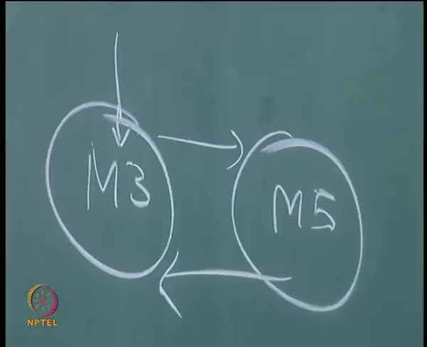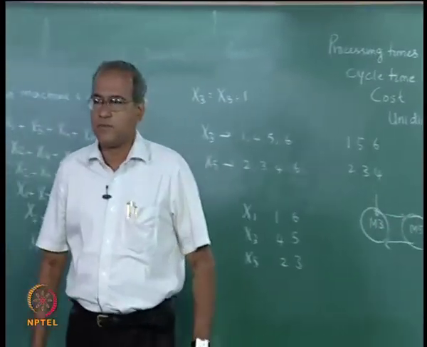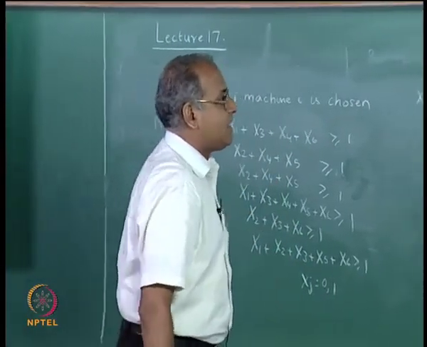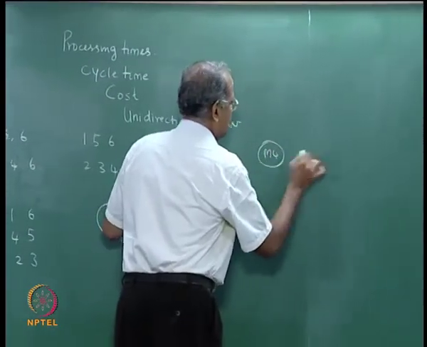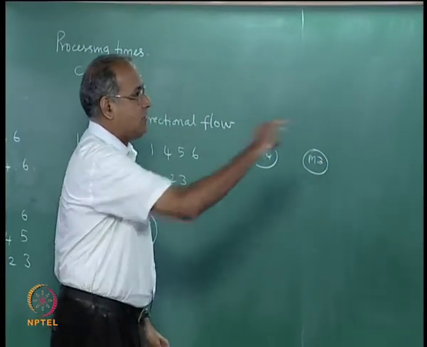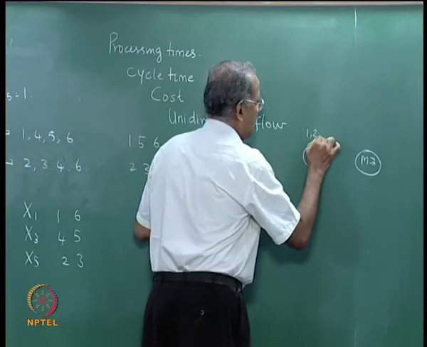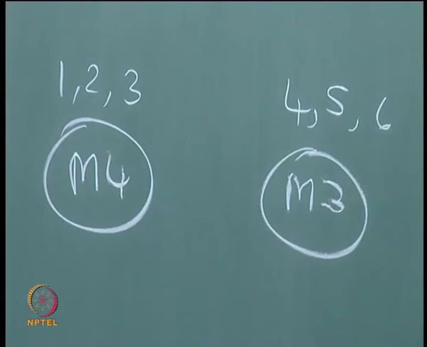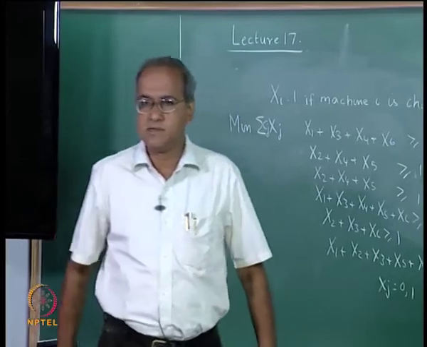So, this is not unidirectional flow. Similarly, this also is not unidirectional flow. So, unidirectional flow may give us a different configuration. Unidirectional flow can simply give us M4 and M3, with M4 doing operations 1, 2, 3, 4 and M3 doing 5, 6, or M4 doing 1, 2, 3 and M3 doing 4, 5, 6. So, we will have to look at all of these when we start creating product based cells.